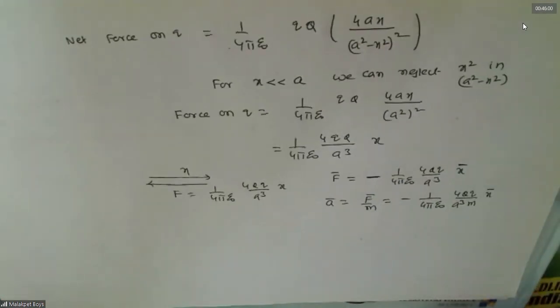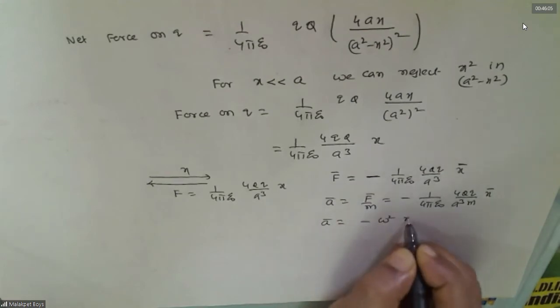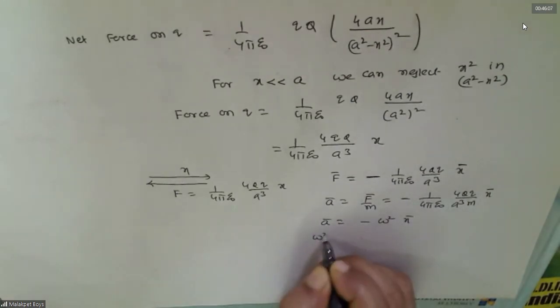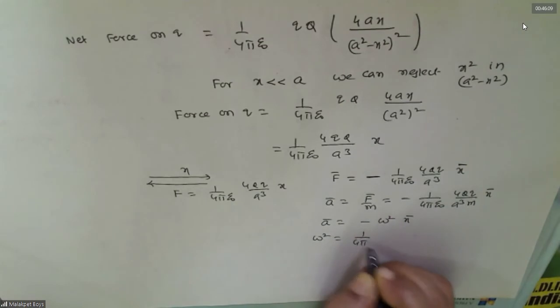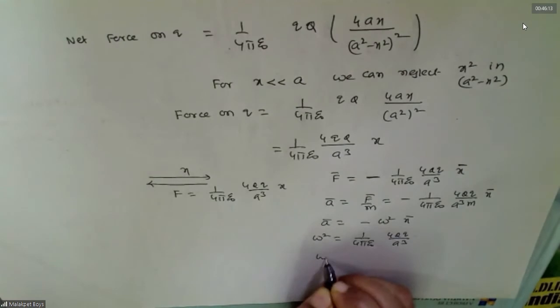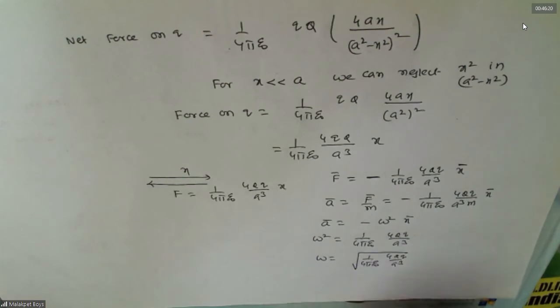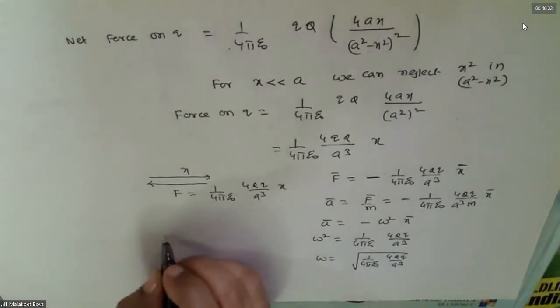Now you can see that this is some constant into x now. So what is omega square? 1 by 4 pi. So omega is root over this one. Do you agree with this? Agree, sir.